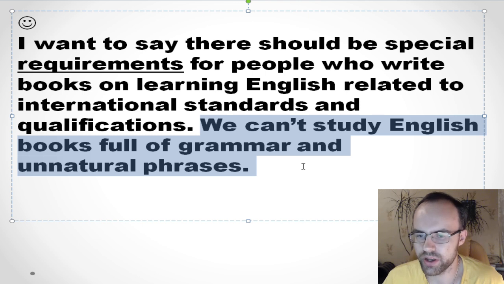I think it's the main point, okay? So it's important to look at the writers of these materials and at their qualifications. I believe that a really professional English teacher must have international qualifications, just as I said, confirming that they have a strong advanced level in English, and secondly, some teaching qualifications.